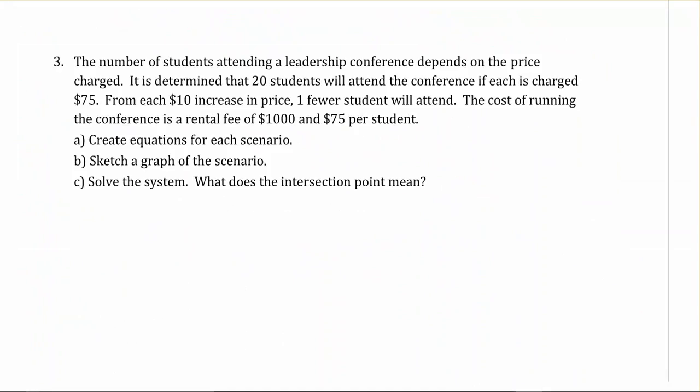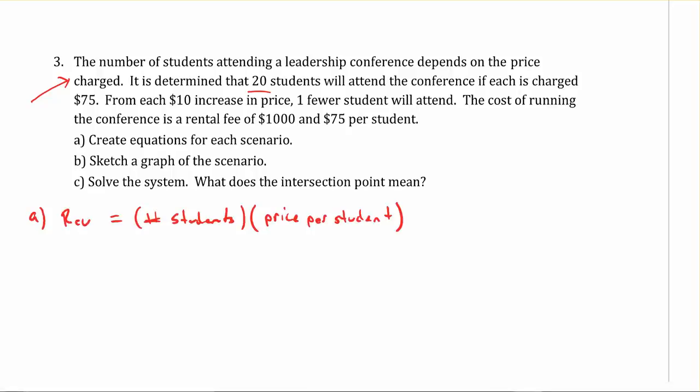Now for the last few questions, I'm going to help you set it up, but I'd like you guys to finish it. So this one says, the number of students attending a leadership conference depends on the price charged. We've done ones like these in other units, right? This should look familiar. It is determined that 20 students will attend the conference if each is charged $75. Okay, so this is one of those revenue questions, right? So revenue, our basic equation, is revenue is just going to be equal to the number of students times the price, right?